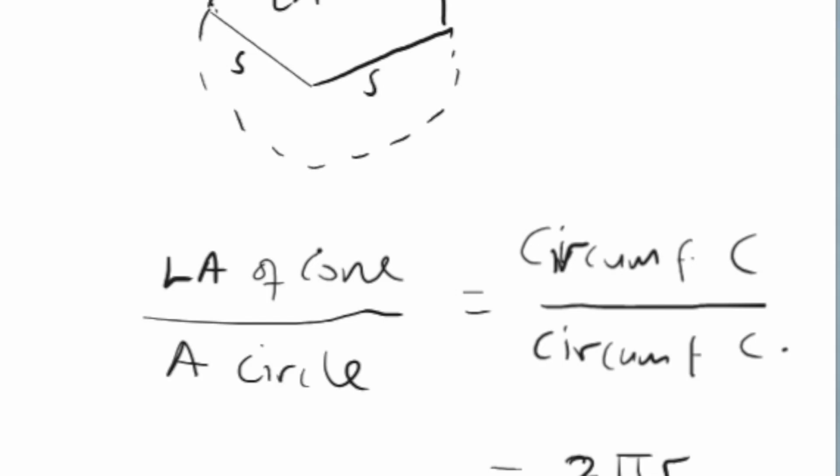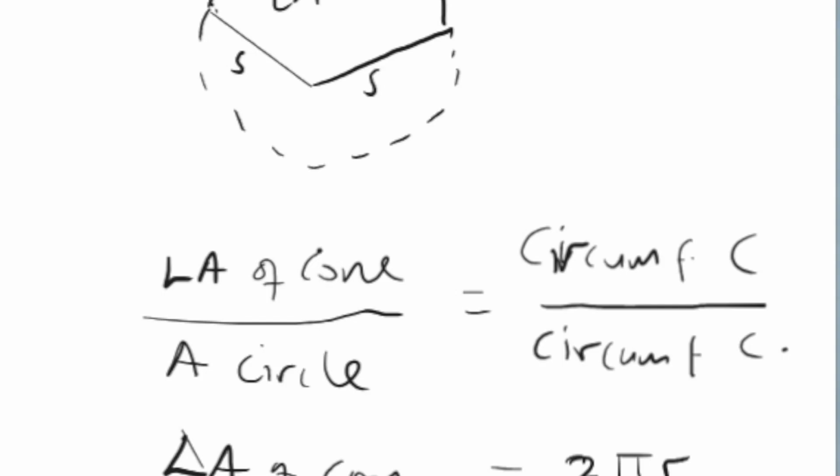And now, if you look at the area of the cone, which we don't know, but we're going to know it very soon. We're going to get it from our deduction. LA of cone, lateral area of the cone over the area of a circle, we know that is pi s squared. We are using s squared because now our radius is the slant height s.